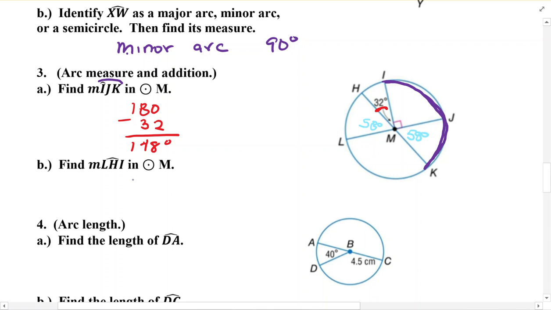So looking at the next problem, I want the measure of LHI. So LHI is this right here, which would be 32 plus 58, which would give me 90 degrees.